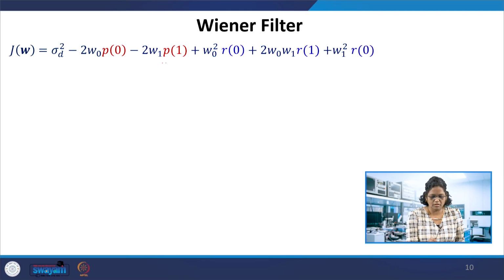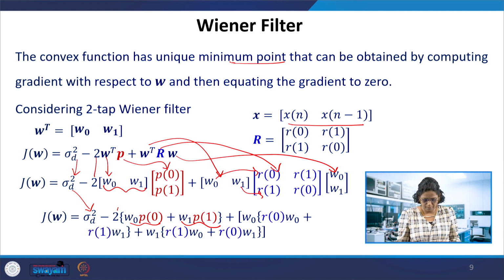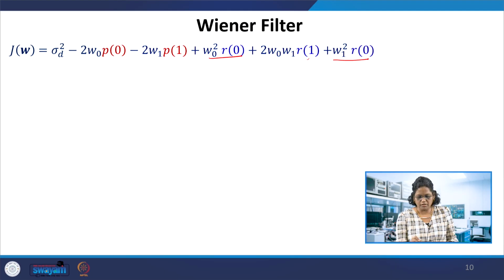So we get w0 square r0 and w1 square r0, and 2 w0 w1 r of 1. So these four terms are combined now, giving 3 terms, and the other for w p0 and p of 1.